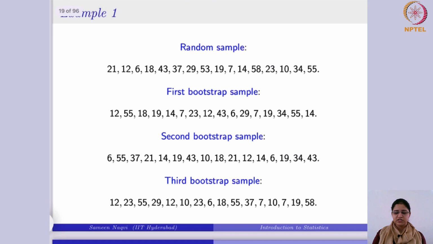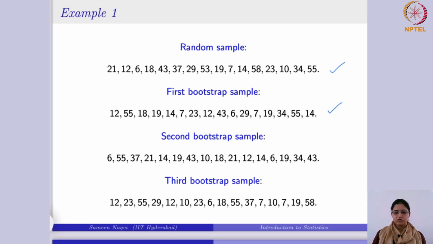For instance, if this is your random sample, what you will do is resample from this again and you will get your first bootstrap sample in this way, right? Now, when you are doing it with replacement, it means that the same observation might occur multiple times also, right?